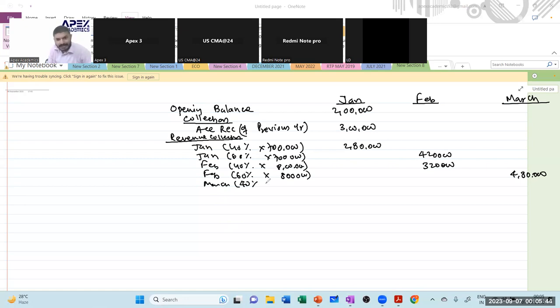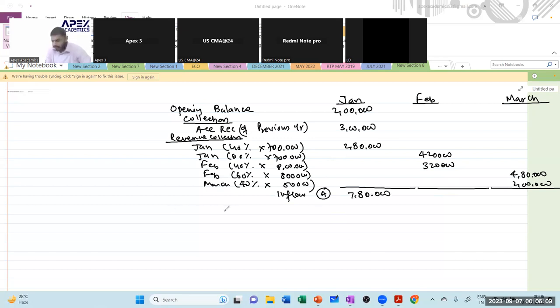March, 40%, which is 40% of how much? Of 5 lakhs, which is 2 lakhs, is collected in March. This is the monthly cash inflow. 3 and 2, 5, and 2, 7, 780.